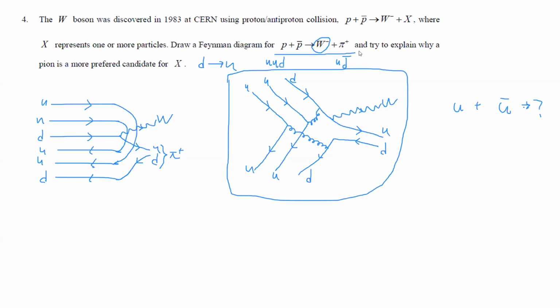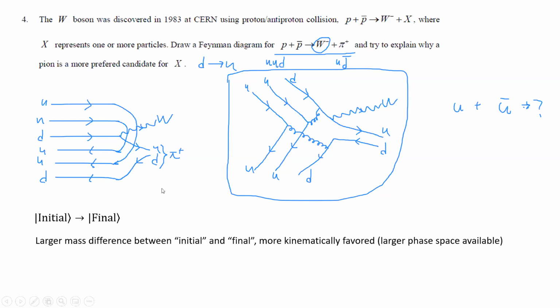And we are also asked to explain why pion is a more preferred candidate for X. And the reason is quite simple, because in principle, if the mass difference between the final state and the initial state is large, then this process will be more kinematically favored because there's larger phase space available.